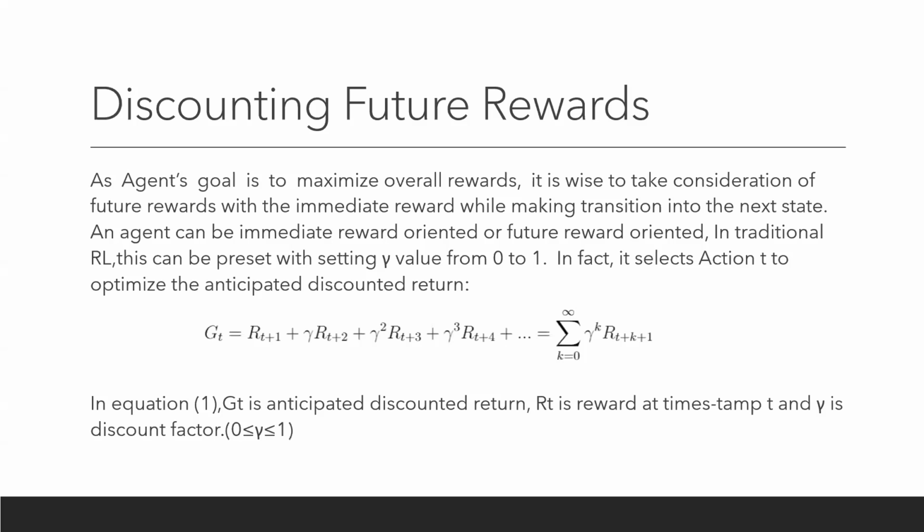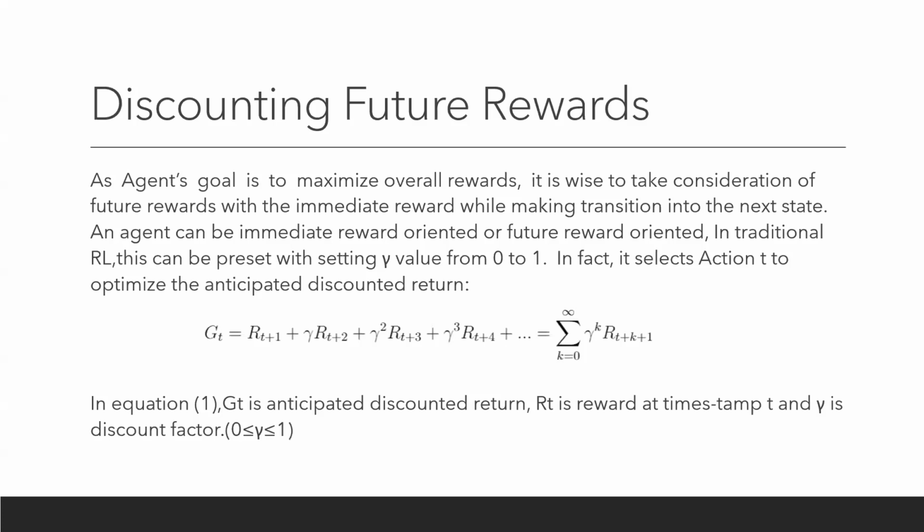So, to account for this, we use the discount factor gamma to assign the current valuation of a future state.